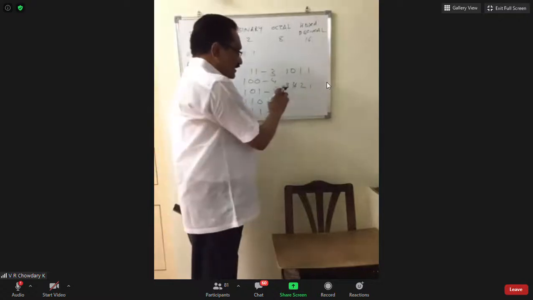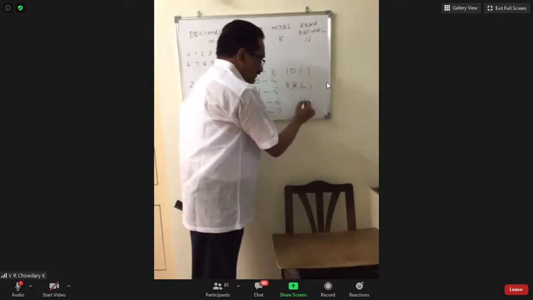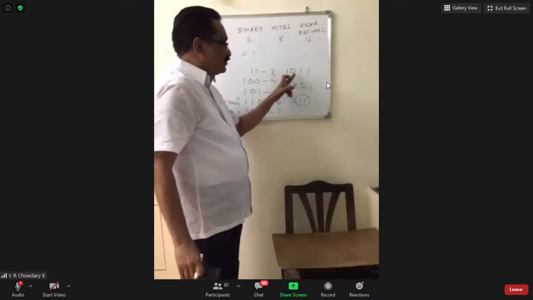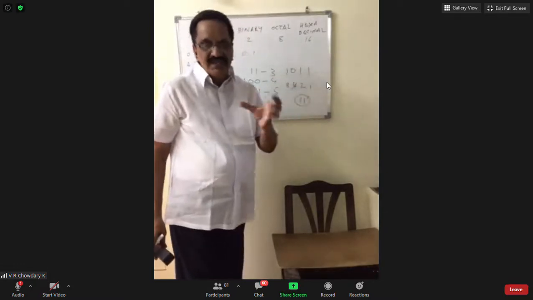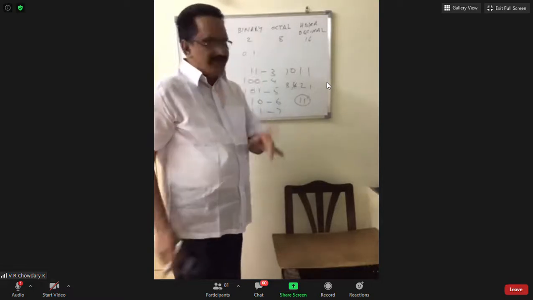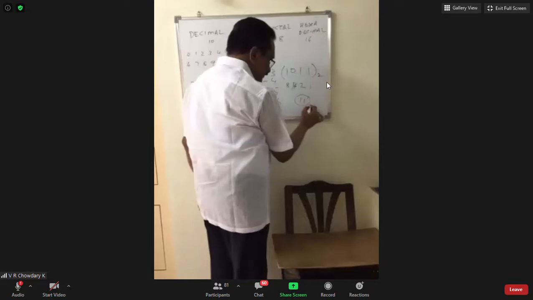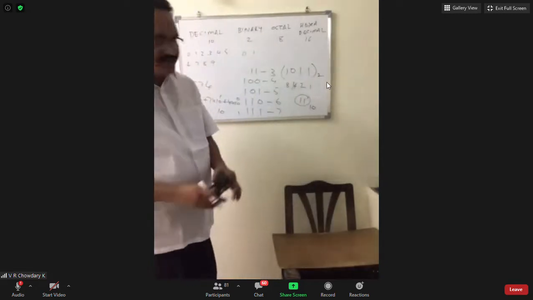So 8 plus 2 plus 1 is equal to 11. So for binary number 1011, the equivalent decimal number is 11. Actually, this is a binary number, and this is a decimal number.